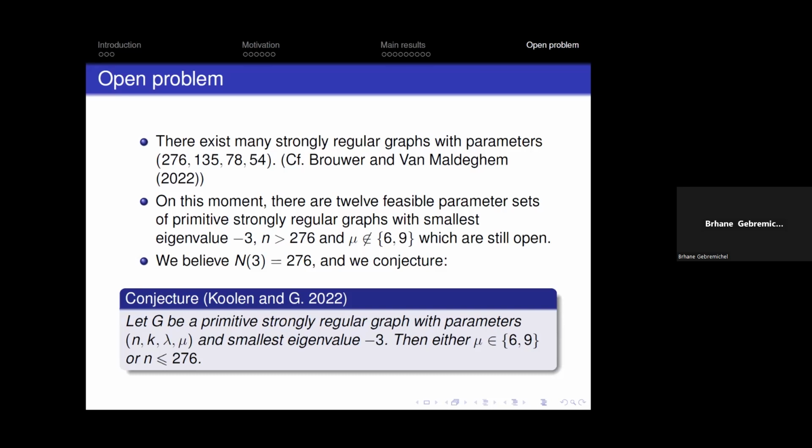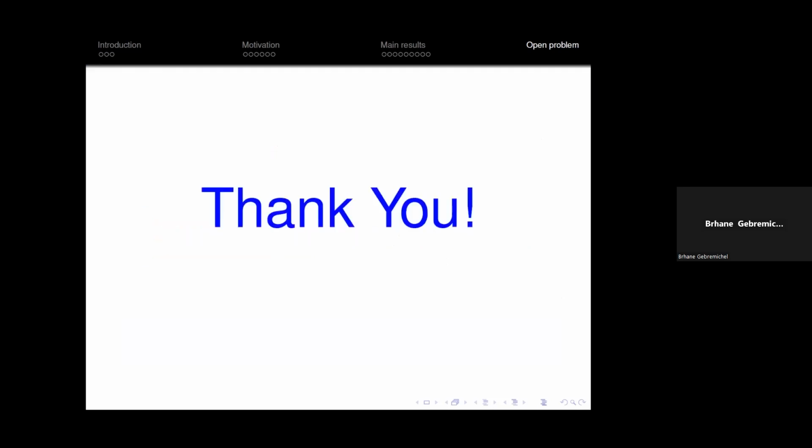Here, the construction of the graph on 276 vertices is from the graph with order 275. For the remaining 12 unknown open cases, they have μ big, so we just say we believe it may be true. Okay, thank you. This is all.